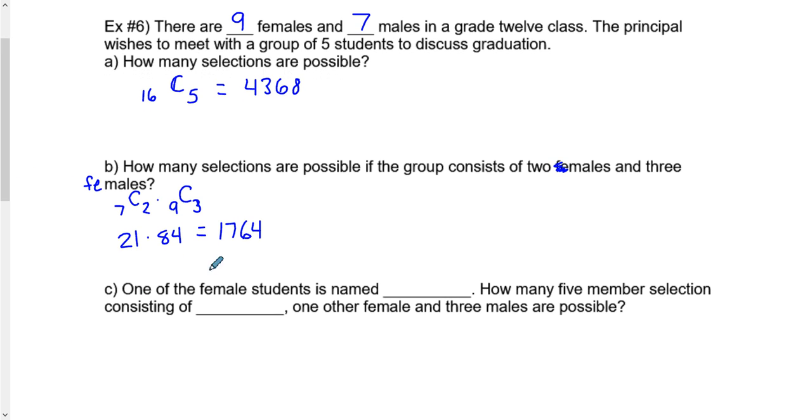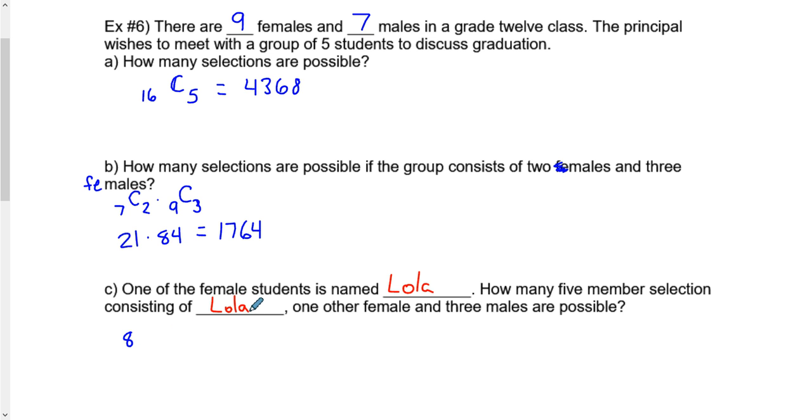Now, because of the YouTube video, I'm not going to use names, but if one female student is named Lola, how many 5-member selection committees of Lola, 1 other female and 3 males are possible? So if we're just talking about the females, there's a total of 9 females and Lola is one of them. That means that there are 8 females left.